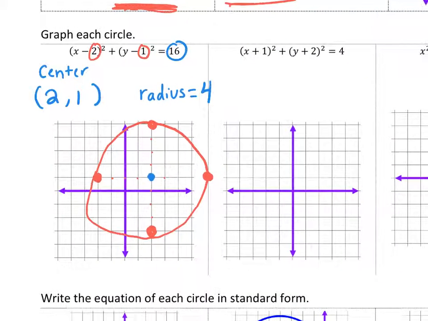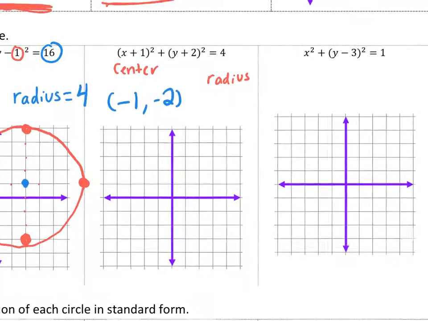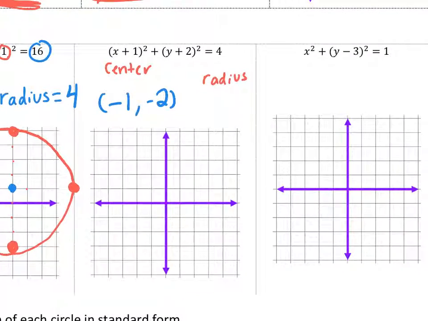So our second question, again, we just need to pick out a center and a radius. As we look this time, our center is going to be -1, -2. Does everybody notice that? The numbers are opposite when we take them out of the parentheses. And then what's our radius this time? Not 4, it's the square root of 4, which is 2.